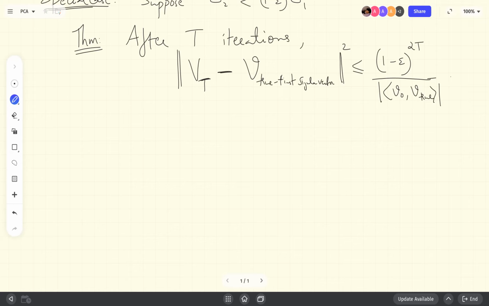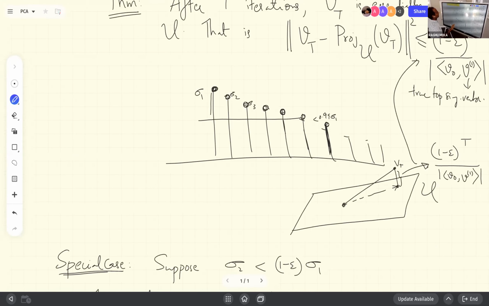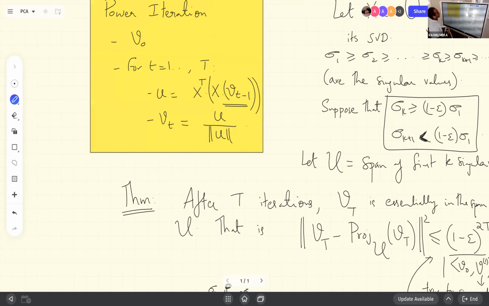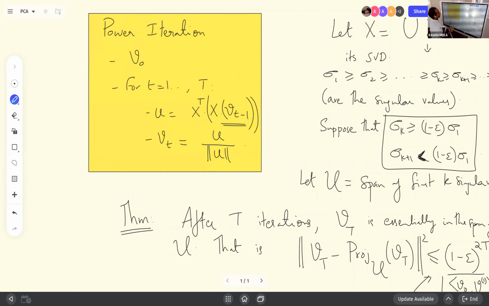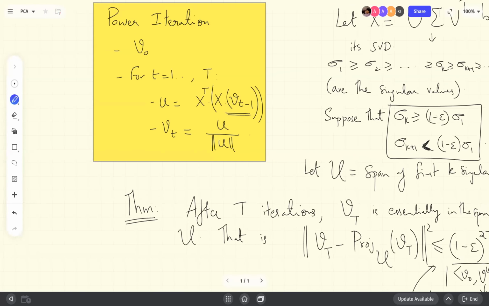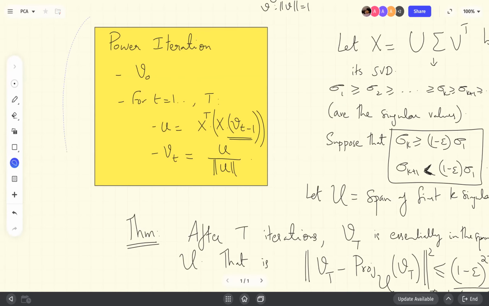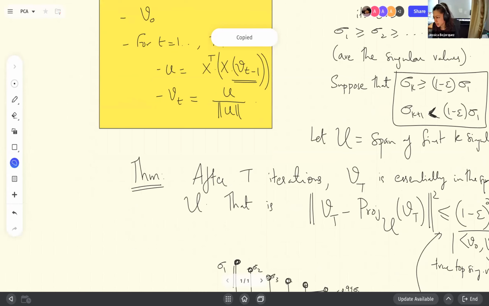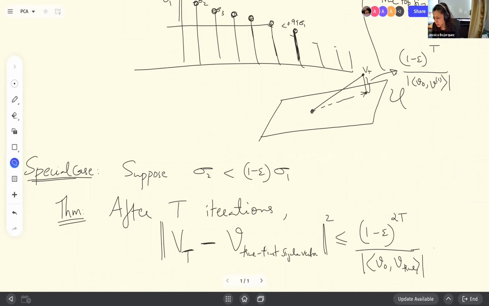Assume V0 is not perpendicular to V true, or like set V0 so it's not perpendicular. Yeah, but how do I do that? Like, I'm writing down the full algorithm, right? How do I do that in my algorithm? So what's the natural thing to do to fix this? Like, imagine, you're actually implementing it. What would you do? You initialize it to like a fake one, maybe?